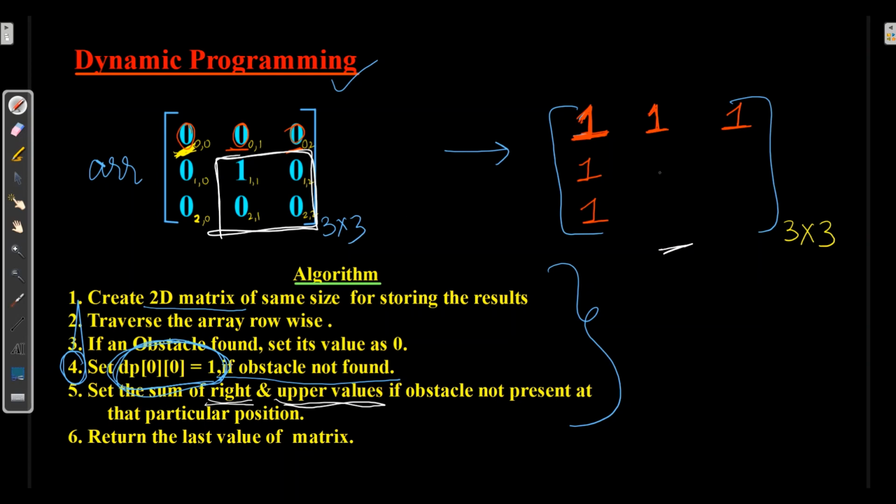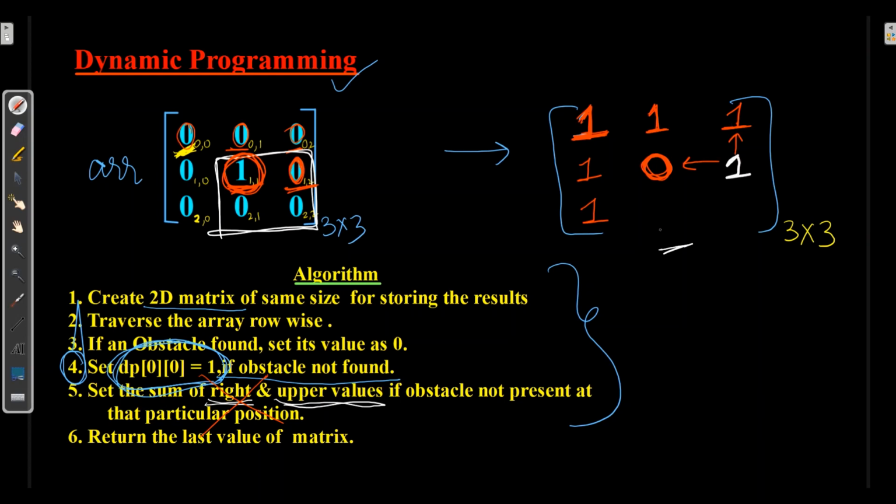Now let's start filling this matrix, and here if I get an obstacle in the form of 1, I will leave it as it is. Here I need not calculate any sum. Now for going to 1, 2, I will see here there is 0. So what I will do, I will calculate the sum of upper and side element. So 1 plus 0 is 1.